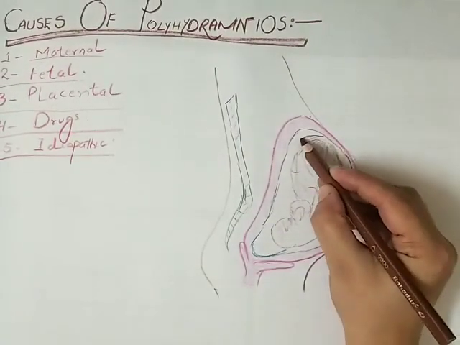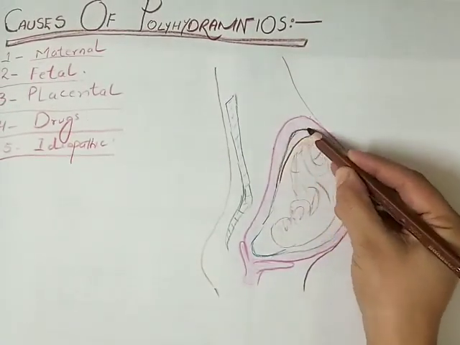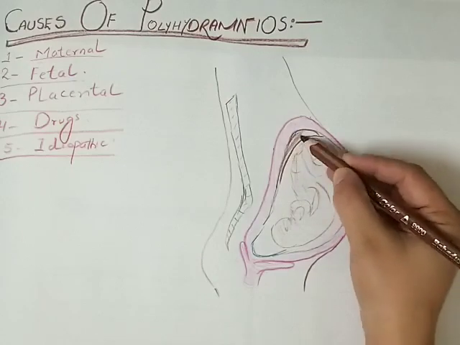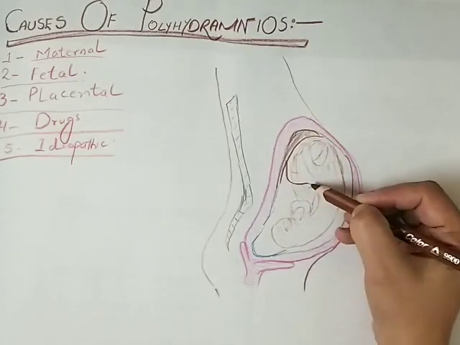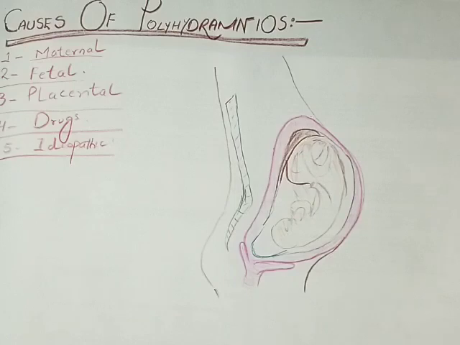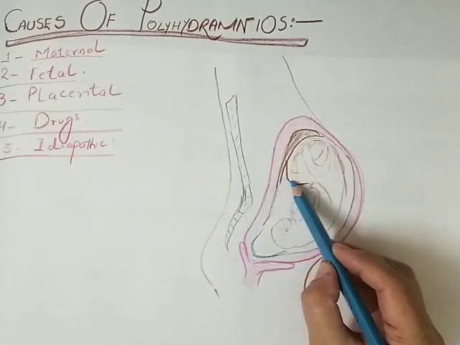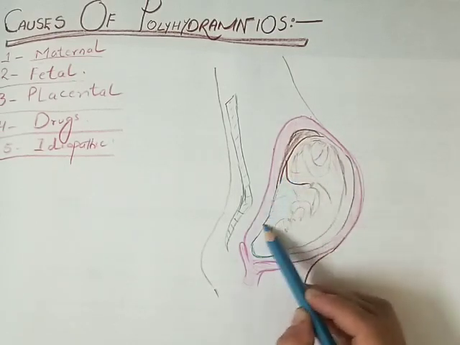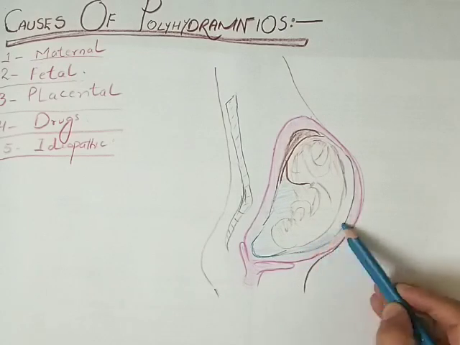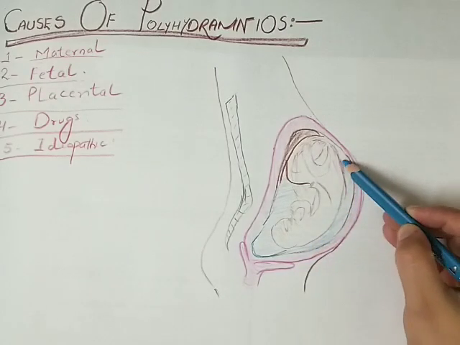I'm drawing the placenta, from which the umbilical cord arises and supplies the baby. And we have a lot of water inside the womb, and that indicates polyhydramnios.